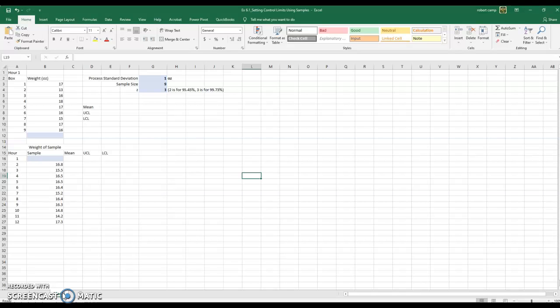And so back to the upper and lower control limit, it's going to be mean plus or minus z times the process standard deviation divided by the square root of the sample size. The process standard deviation is something that you have been tracking for a long time. You're actually figuring out the standard deviation of this entire population that you're dealing with.